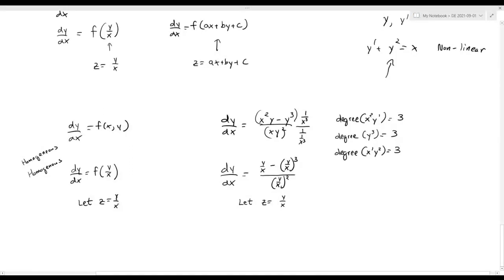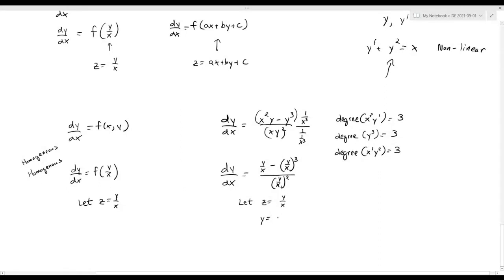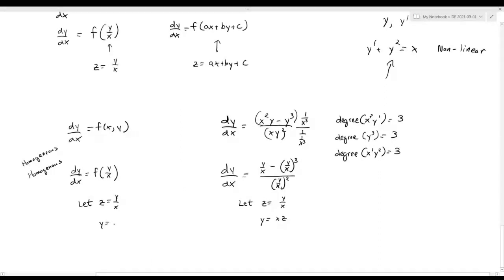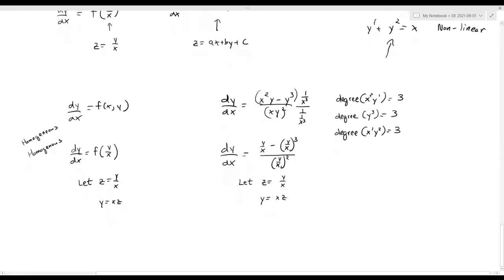But when you do a change of variable in a differential equation, you have to deal with the y prime business as well. So let's think of this as saying that y is equal to x times z. We're going to replace all instances of y with instances of z and its derivatives.